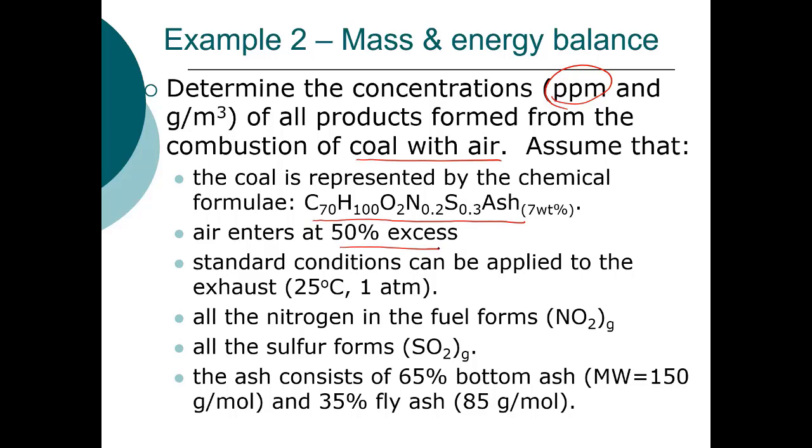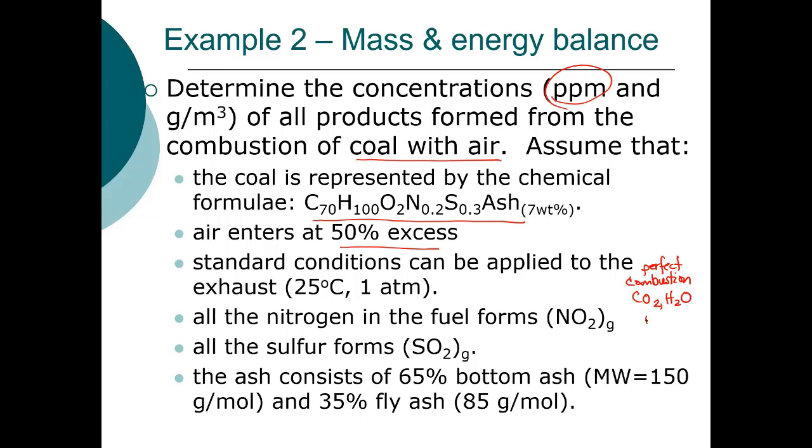We'll use standard conditions, so 25 degrees C, 1 atmosphere. We'll assume that all of the nitrogen in the fuel forms NO2. We will assume that we have perfect combustion. If we have perfect combustion, what are our products? CO2, water.